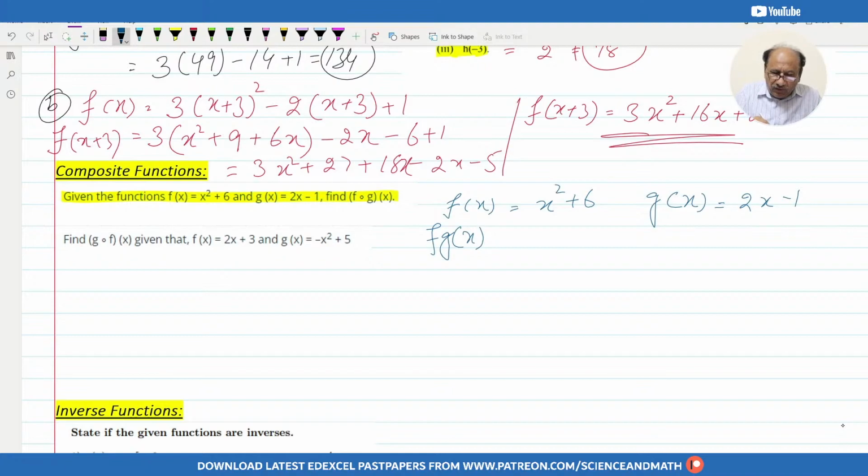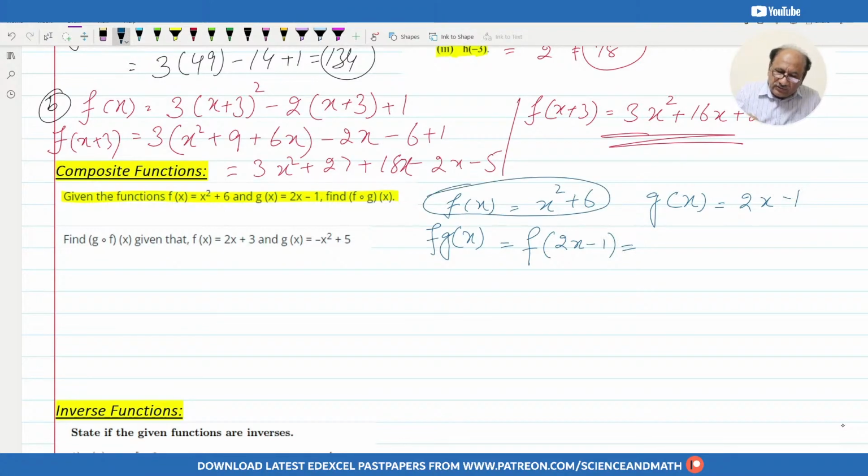So first we will find g of x, which is given over here. So we will replace this g of x value, and we can rewrite it as f of g of x is f of 2x minus 1. So g of x we have replaced by 2x minus 1.